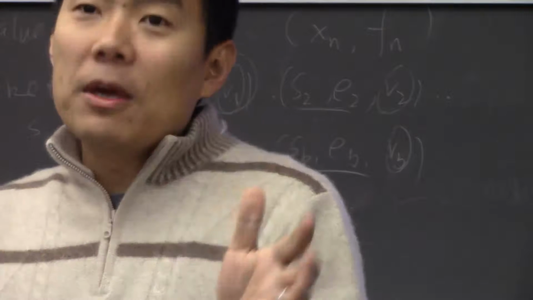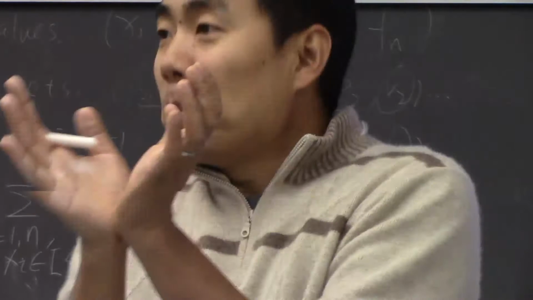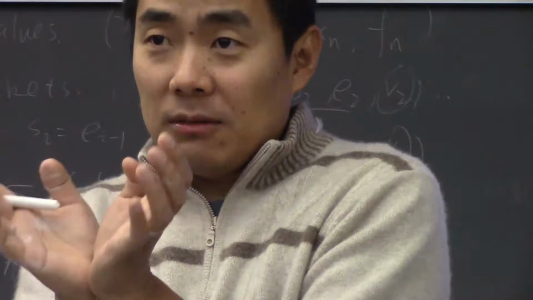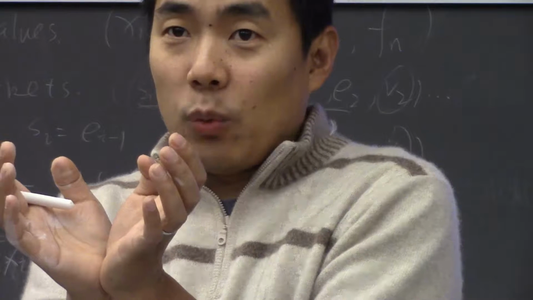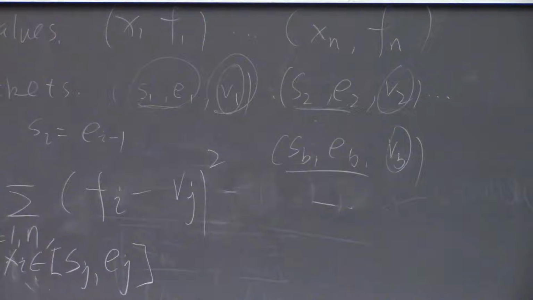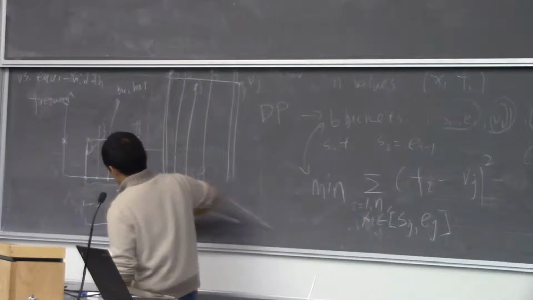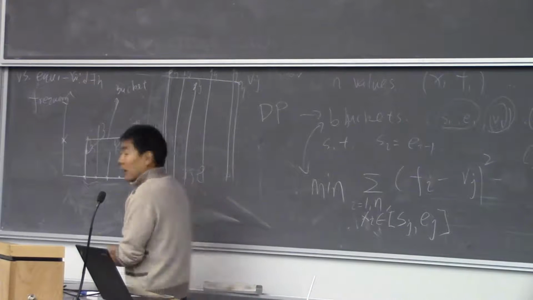The optimal B bucket configuration is equivalent to finding the optimal B minus 1 bucket configuration, where you try this. So suppose your domain value is n, from 1 to n.